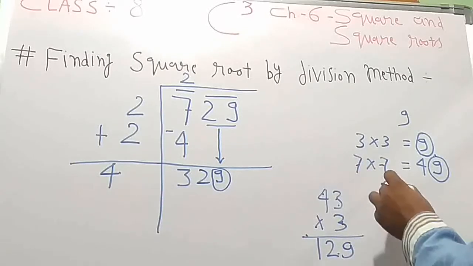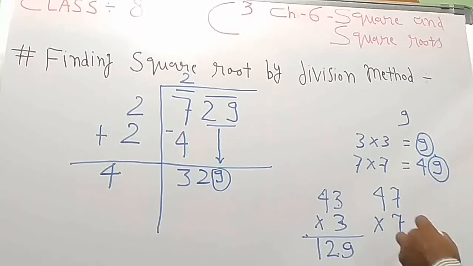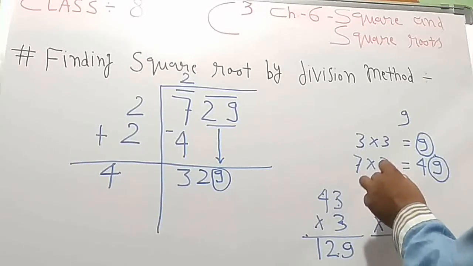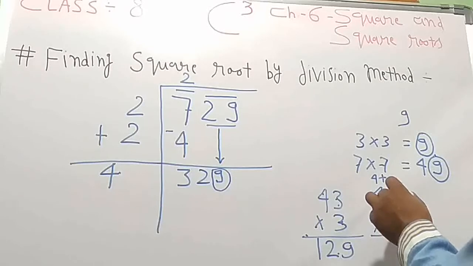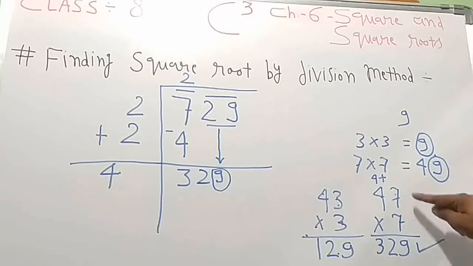So now we use 47 and multiply. 7 times 7 is 49, 9 and 4 carry over, 7 times 4 is 28, 28 plus 4 is 32, so 329. We want 329, so we can use 7 here.